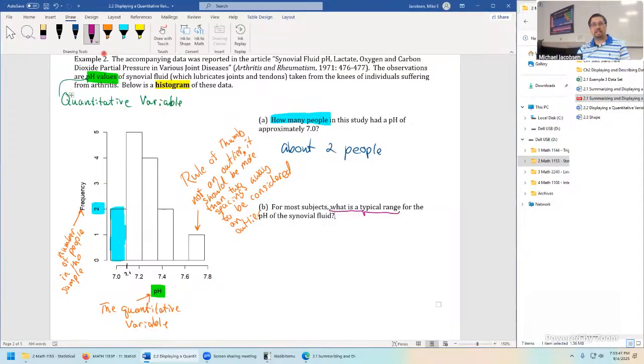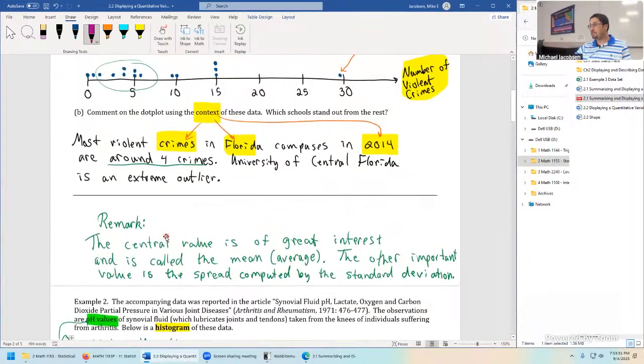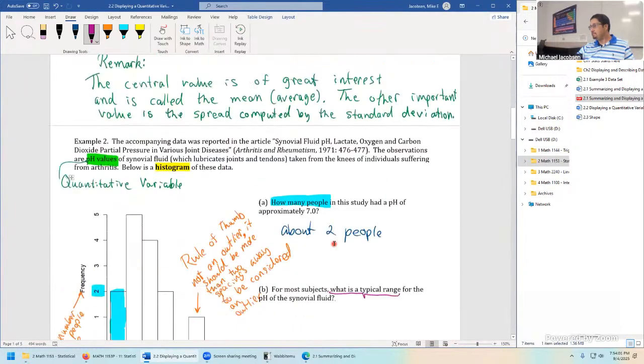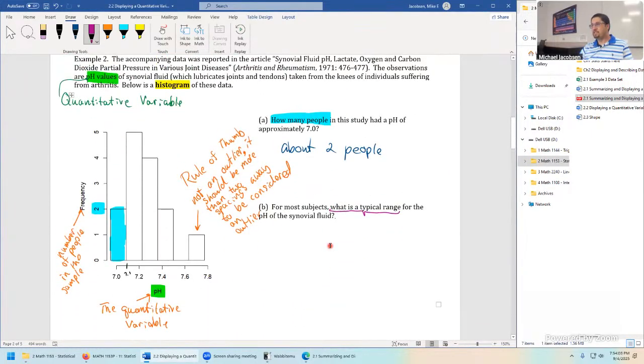It's hard to know what we're really saying, but it goes along with what we were saying above. We circled this to say these were the typical or central values of the data set. This is where people tend to be accumulating around. And when we look at a histogram, that's something that's really important to us as well. So when we're talking about what is a typical range, again, there's lots of ways to interpret that.